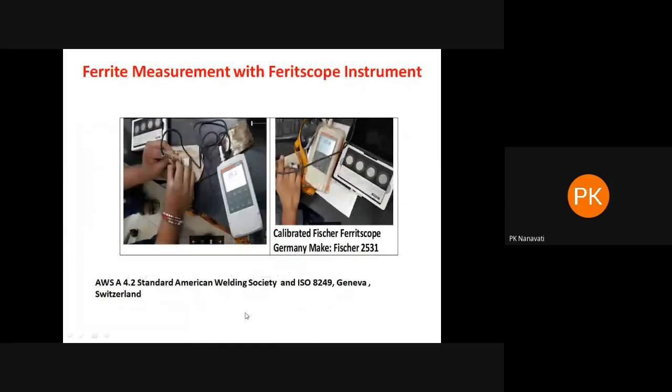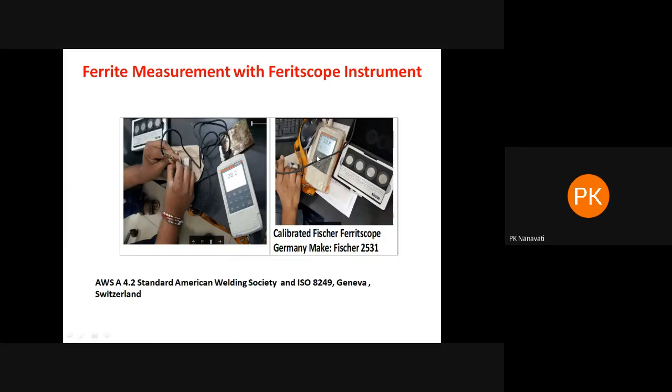So how to measure this ferrite? For austenitic or for the duplex stainless steel, there are instrument methods. The instrument method is AWS A4.2, that is a ferritoscope instrument. The ferritoscope will measure the weld metal ferrite content.